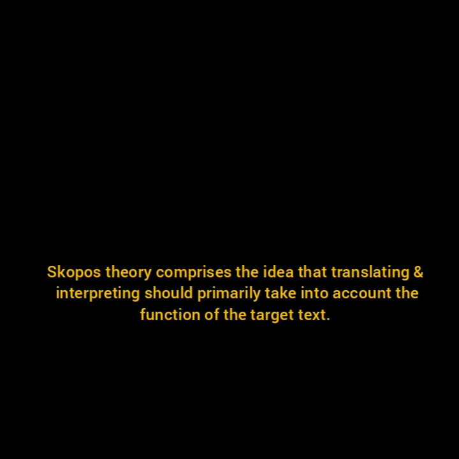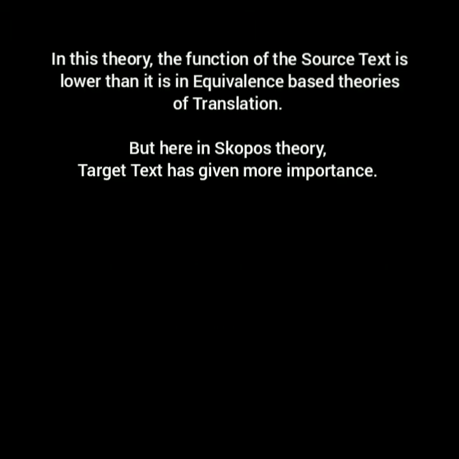That's why in this theory, the status of the source text is quite lower than the status of the source text is in equivalence based theories of translation. Okay. So in equivalence theories, the status of the source text is quite higher, and in Skopos theory, apart from the source text, the target text is taken into account highly.